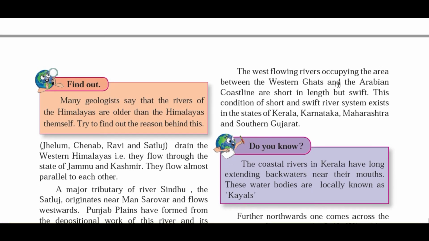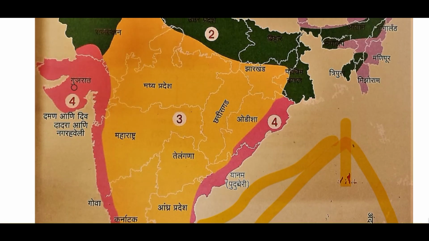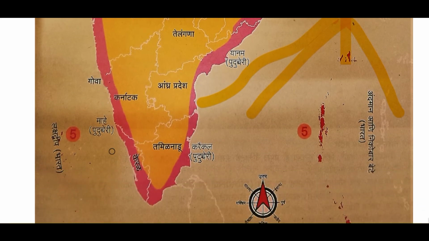These west flowing rivers occupying the area between the Western Ghats and the Arabian coastline are short in length but very swift. These conditions of short and swift rivers exist in the states of Kerala, Karnataka, Maharashtra and southern Gujarat. Here you can observe this map: Gujarat, then Maharashtra, Goa, Karnataka and Kerala.